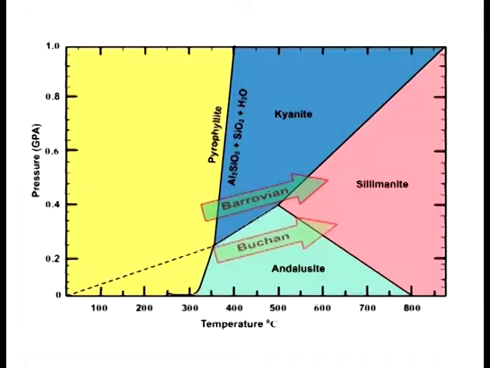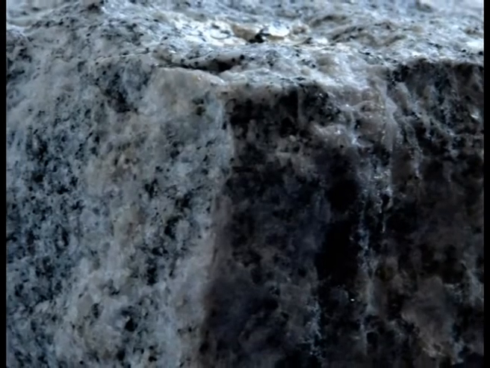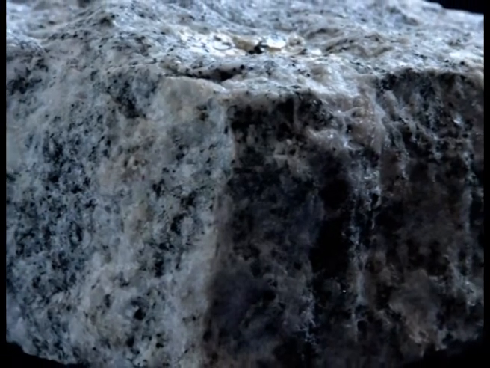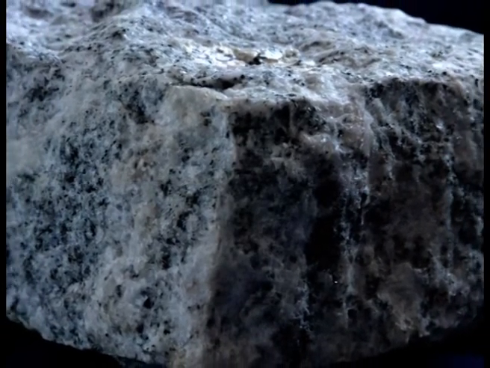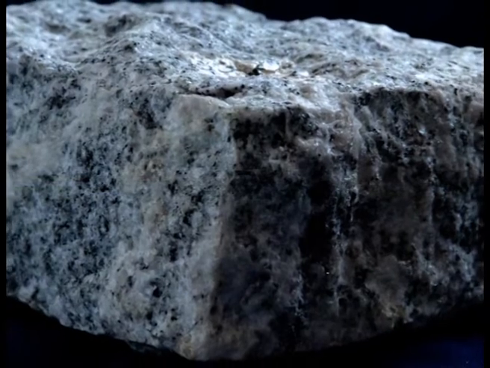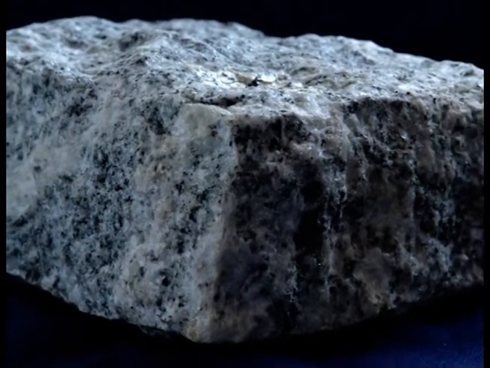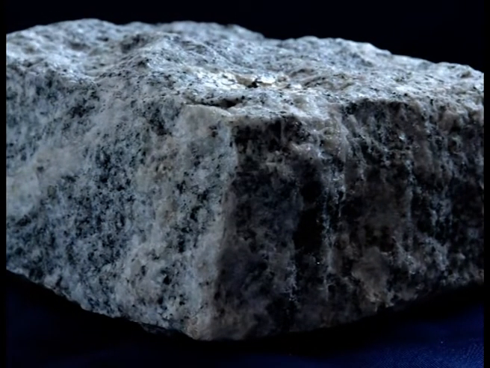Sillimanite is the higher temperature polymorph of the aluminosilicates. As soon as kyanite transforms to sillimanite, the nature of the whole rock changes; it is gneissic in nature, where we can observe different bands of alternating light and dark colors.